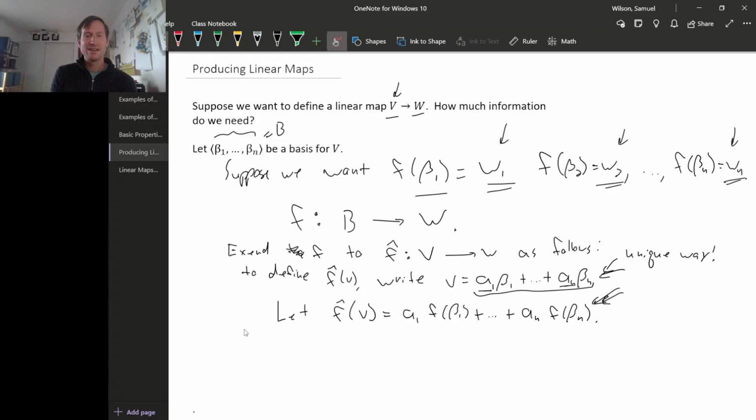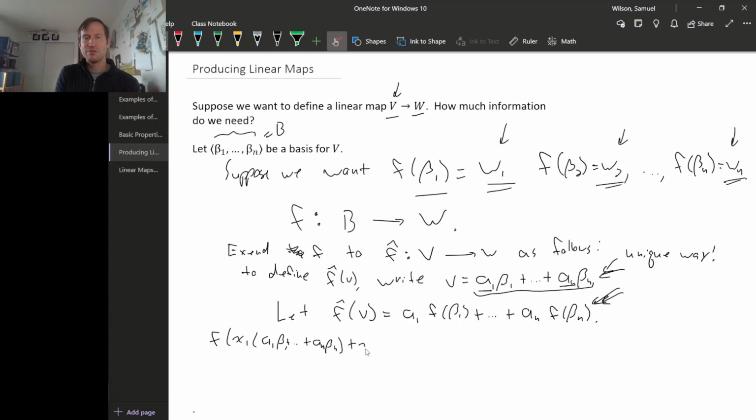So to check that, let's see what f does to a linear combination of two vectors. I'm going to write them as linear combinations of basis vectors, because this is linear algebra and that's what you do. So our first scalar will be x1 and our first vector will be a1 beta 1 plus dot dot dot up to a n beta n.